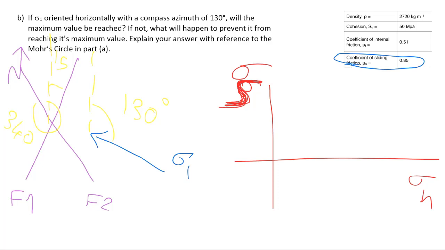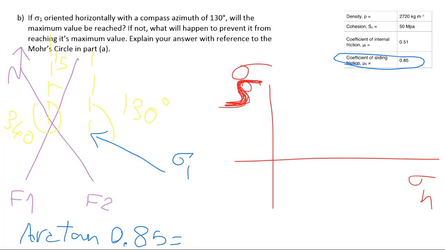So if you take the arctangent of 0.85, that's going to give me the angle phi for the Coulomb failure.